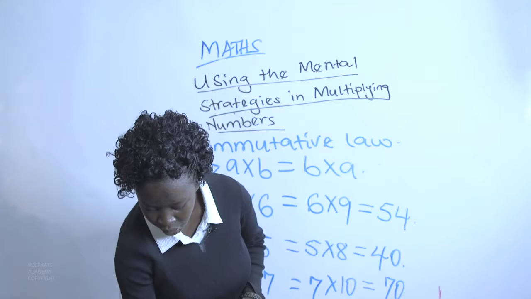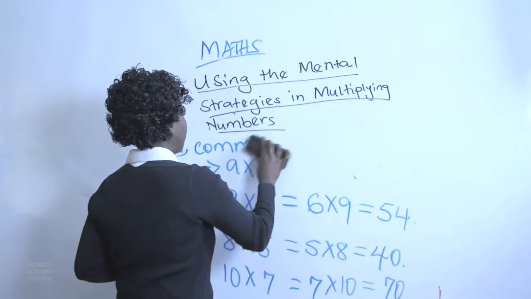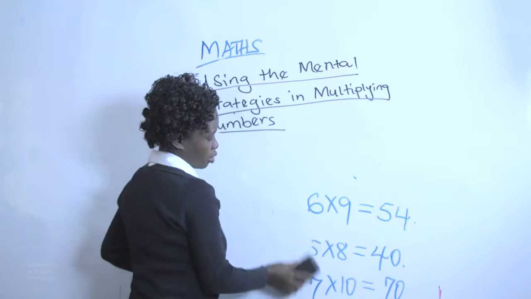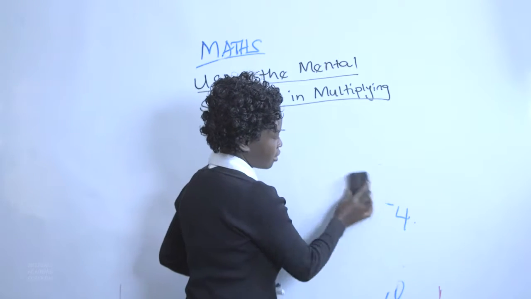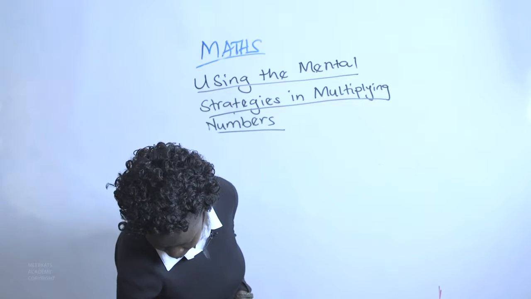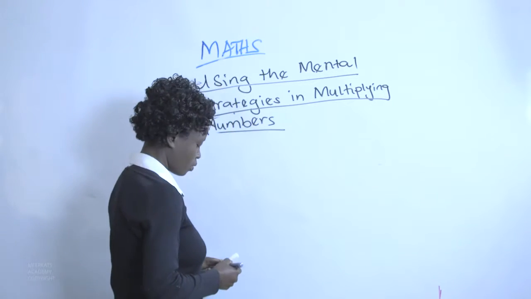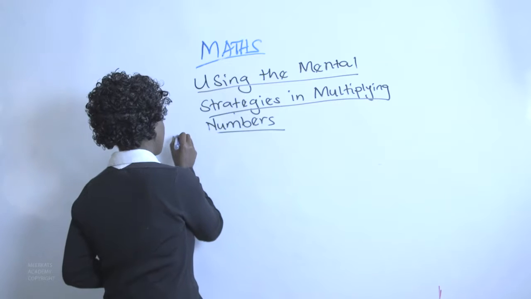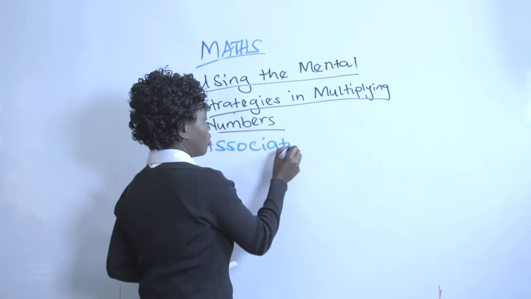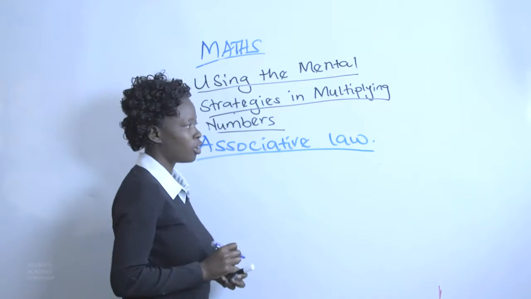The third way of multiplying, or the third strategy that is used in multiplication of numbers, we have the associative law.